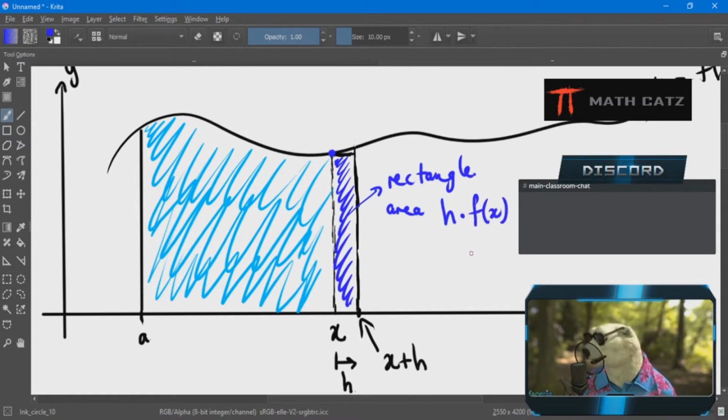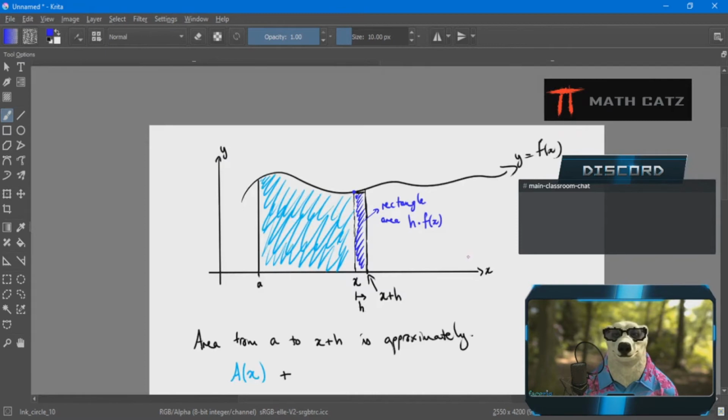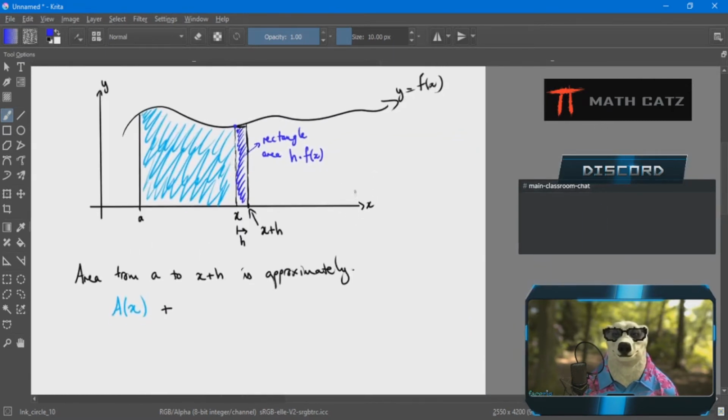So let's zoom out. I don't know exactly what the area from little a to x plus h is, but I know it's the light blue area plus my approximation by way of the rectangle, which is h times f of x. So this is approximately the actual area from a to x plus h, but that has a name.